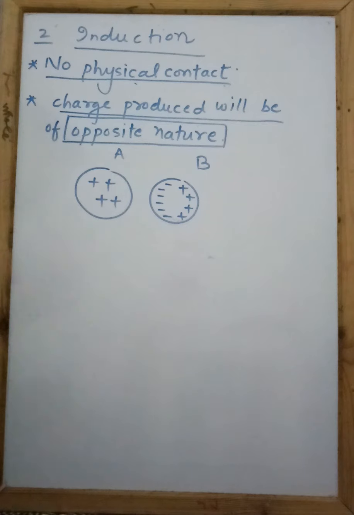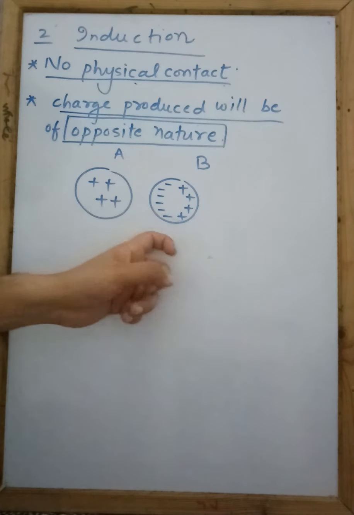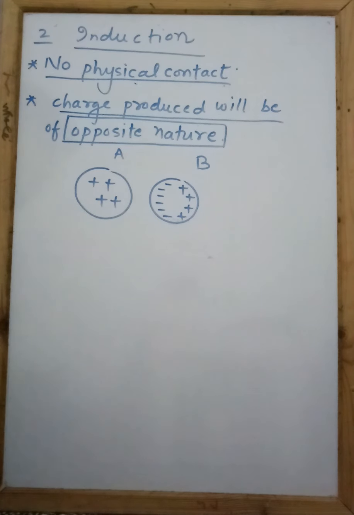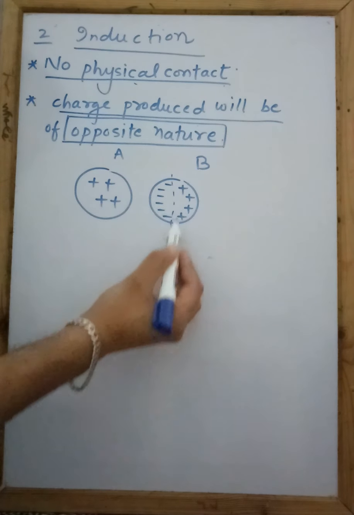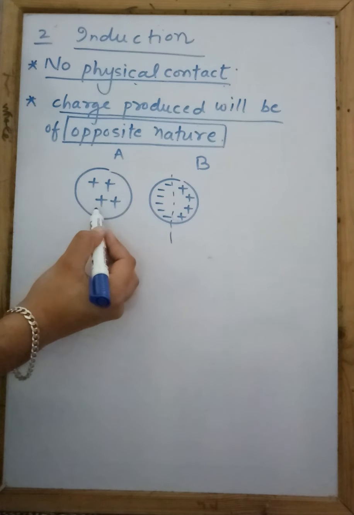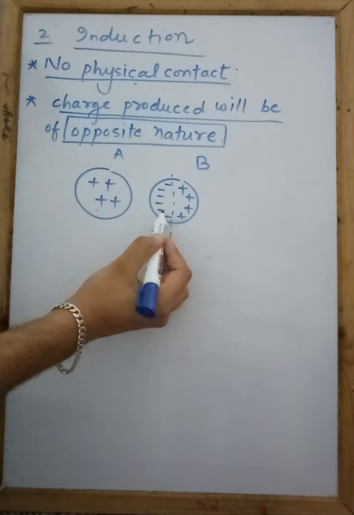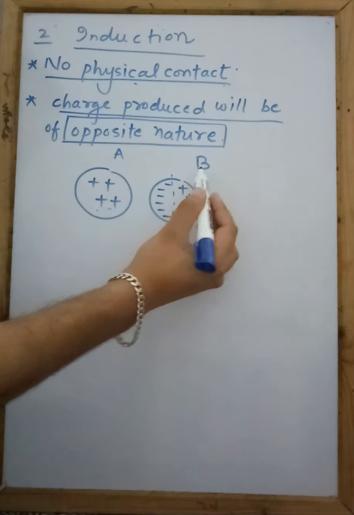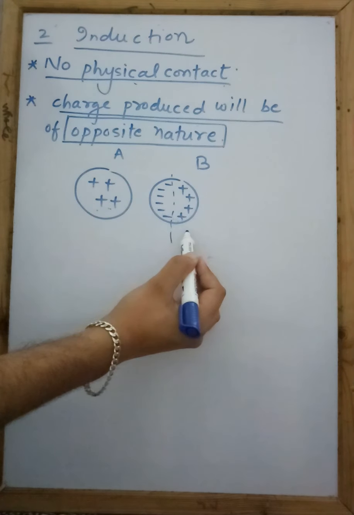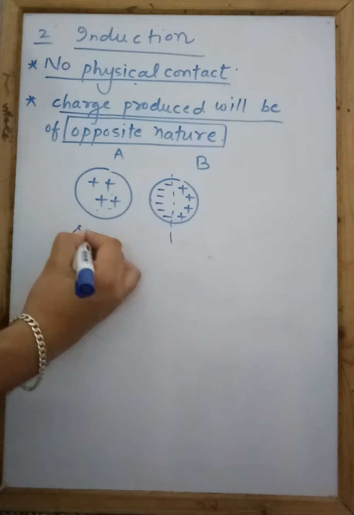Now if I ask you whether A will attract B, or repel B, or whether nothing will happen, what do you think? If you think slightly, this negative charge of B is closer to the positive charge of A as compared to the positive charge of B. Therefore this negative and this positive have a strong attraction.